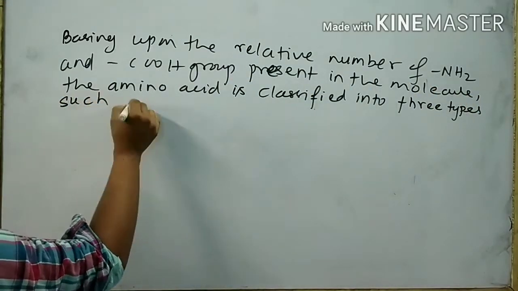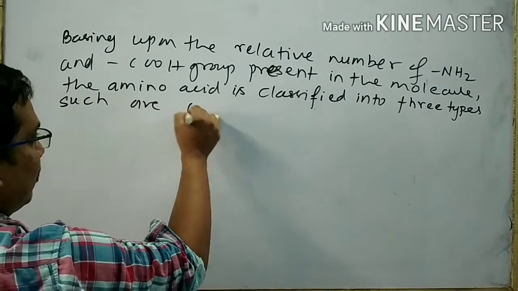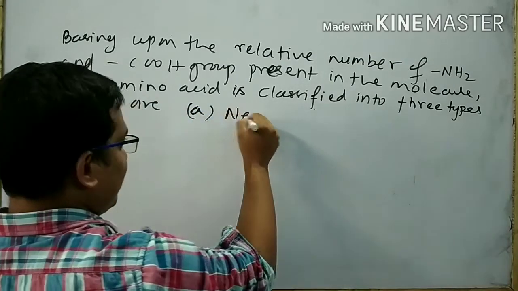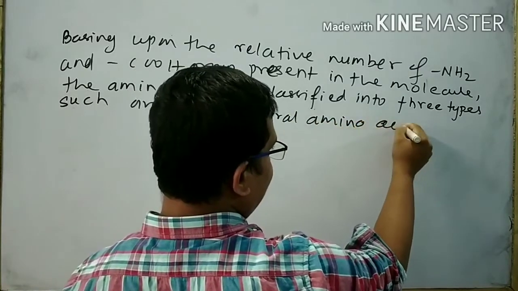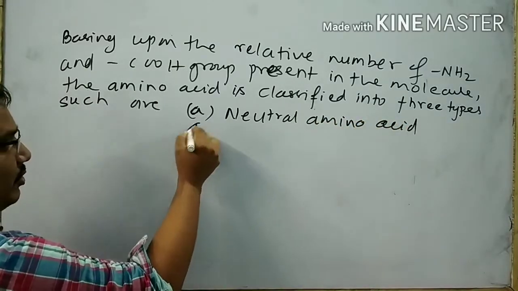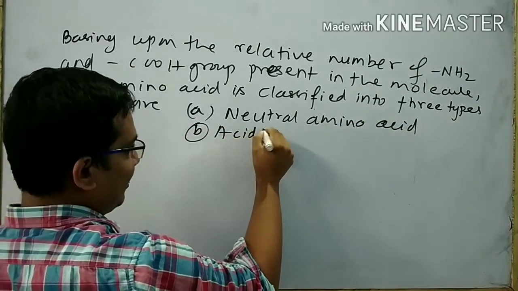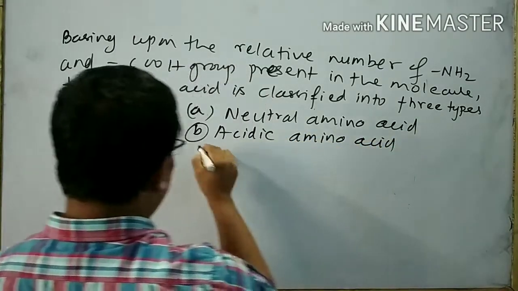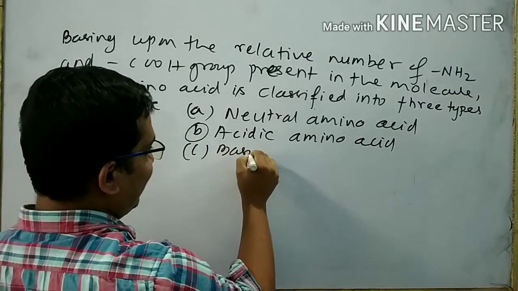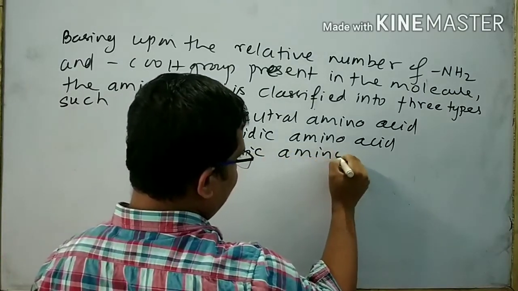Such are: number one, neutral amino acid; number two, acidic amino acid; number three, basic amino acid.